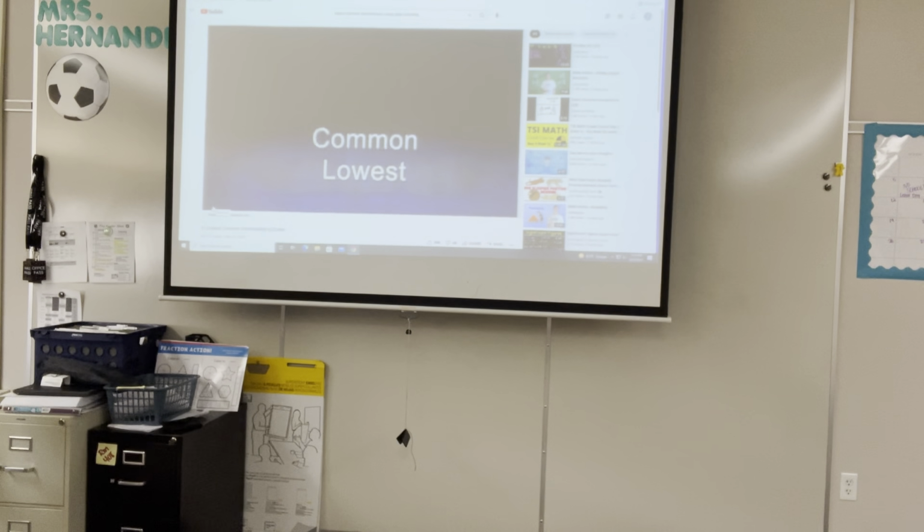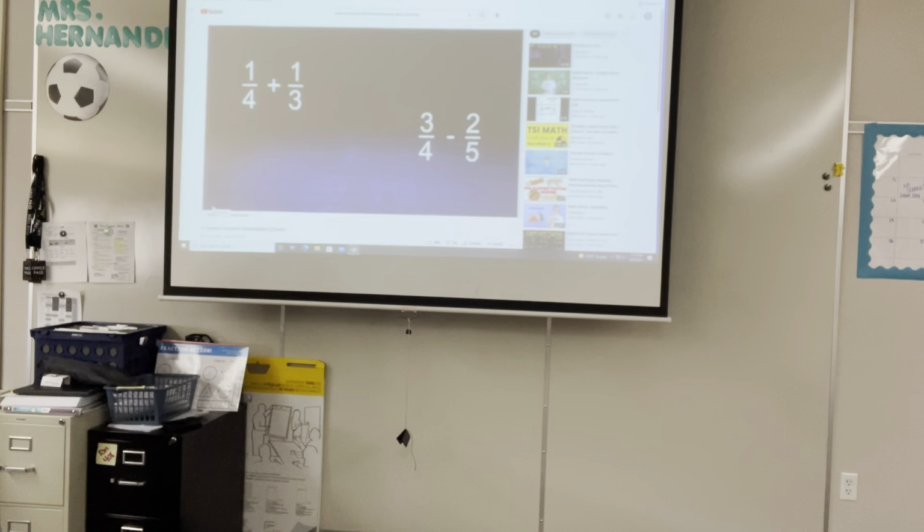The lowest common denominator. Today we will learn about adding and subtracting fractions with unlike denominators. When adding and subtracting fractions, denominators have to be the same. When denominators are not the same, we have to change them. For example, adding 1/4 and 1/3 are not possible until both denominators are equal.